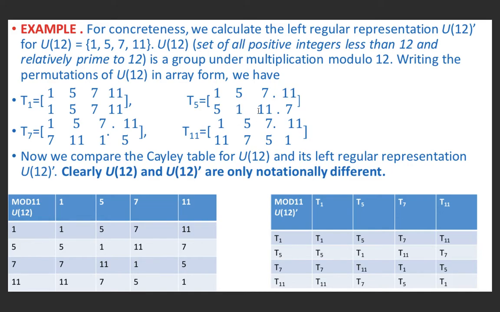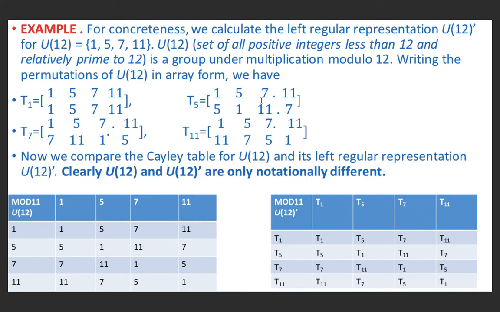So 5 star 5 is 1. 5 star 7 means 5 into 7 is 35, and if we divide 35 by 12, 12 twos are 24, 35 minus 24 is 11. So I have written 11 here.